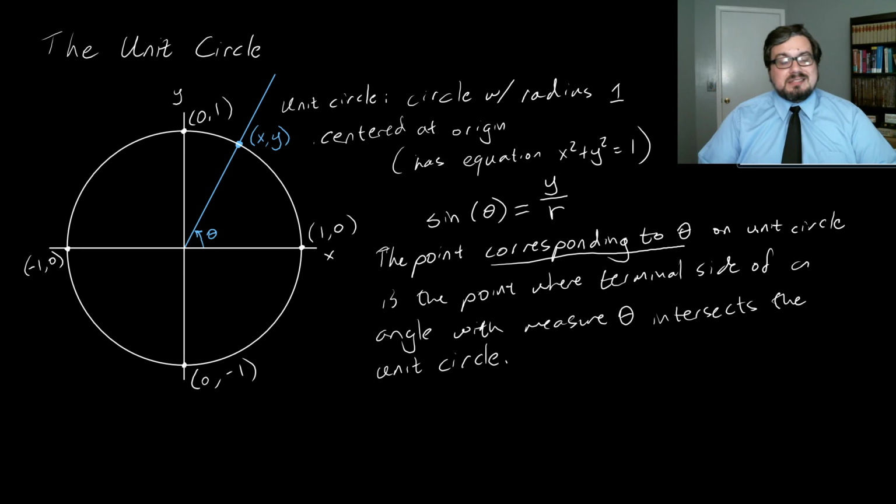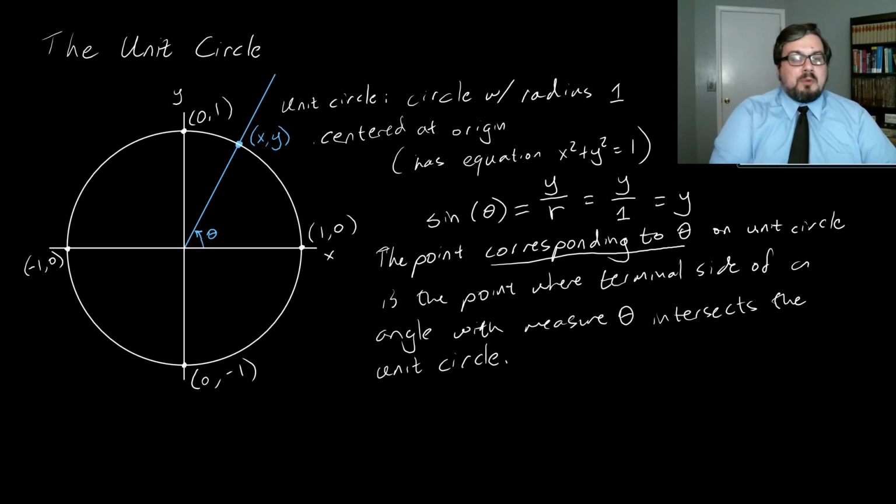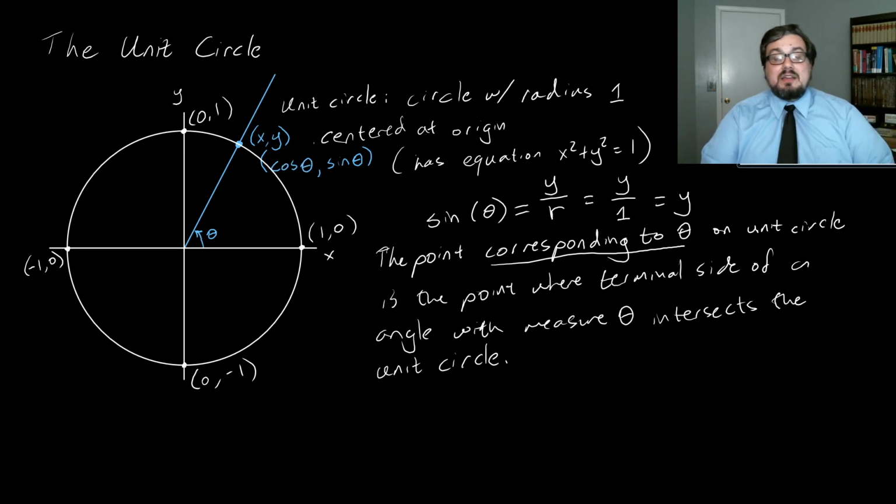The unit circle consists of all points that are a distance of 1 away from the origin, and so that means that the denominator of this fraction is just 1, which means in particular that it can go away. So the point is that if we sketch out an angle theta, and we draw its terminal edge, and we look at the point where that edge intersects the unit circle specifically, then the y-coordinate of that point will be exactly sine of theta. Similarly, the x-coordinate of that point will be exactly cosine of theta.